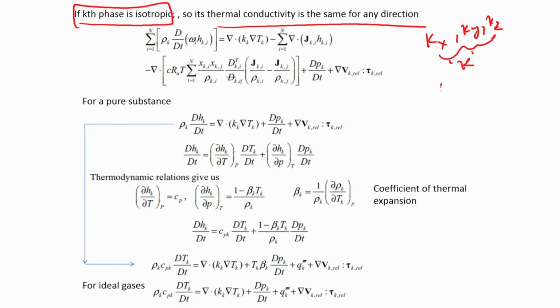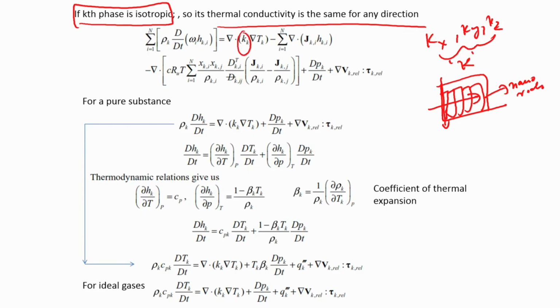But there can be materials which have directionality, for example, a material which is composed of rods, like nanorods or something like that. The conductivity along this direction and the conductivity along that direction is different. But in cases where the conductivity is the same across all the directions, you can replace them by a single conductivity parameter.